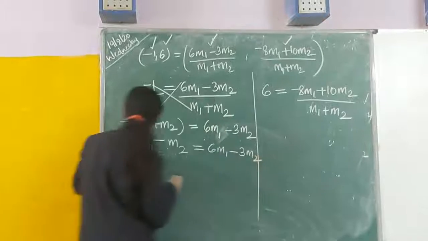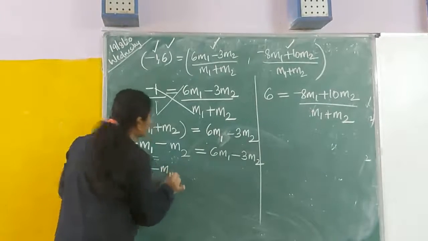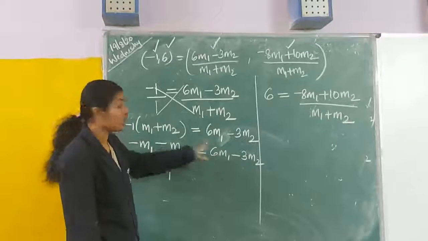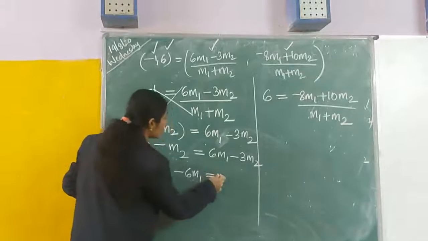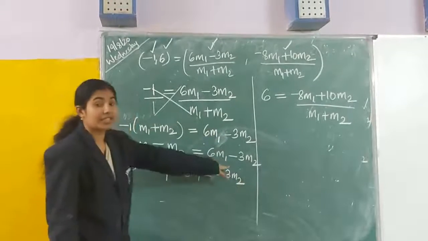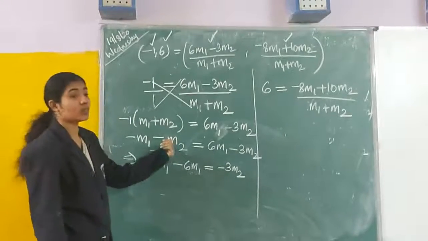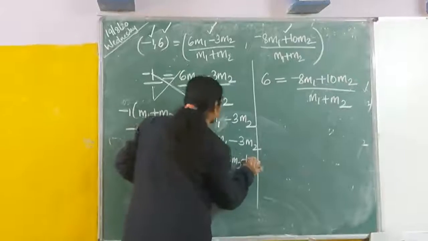Now you should simplify this one. 6m1, when you shift it to the left side, you will get minus 6m1. And minus 3m2 on the right hand side, and minus m2 on the left, when you shift it to the right side, you will get plus m2.